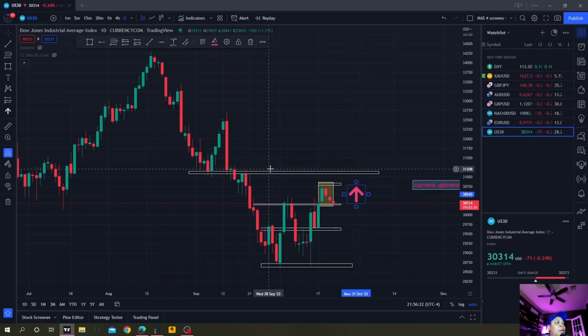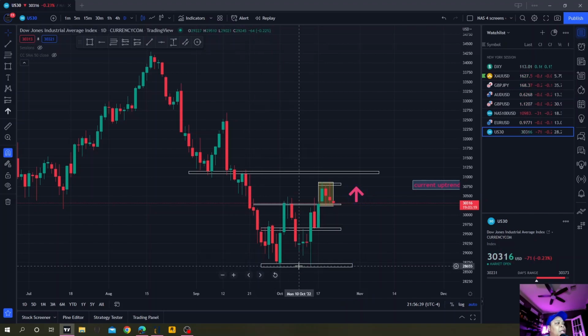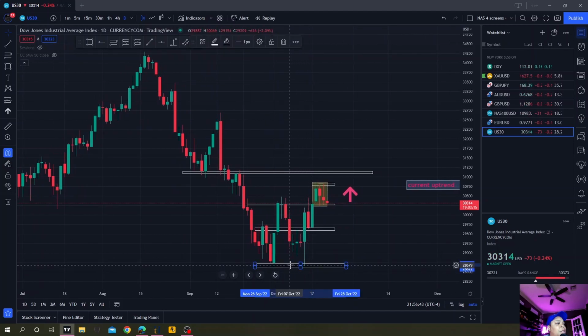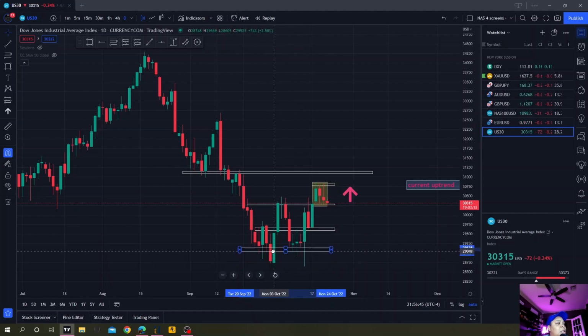I have support being here around 28,712, and potentially, actually, I'm going to raise that up because it's kind of hit this area more than the other area.